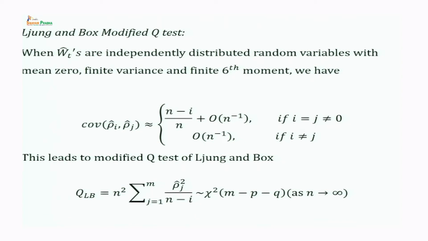Then the covariance between rho hat i and rho hat j is approximately equal to n minus i upon n plus terms of order O n inverse if i is equal to j, not equal to 0, and this is equal to a term of order O n inverse if i is not equal to j.